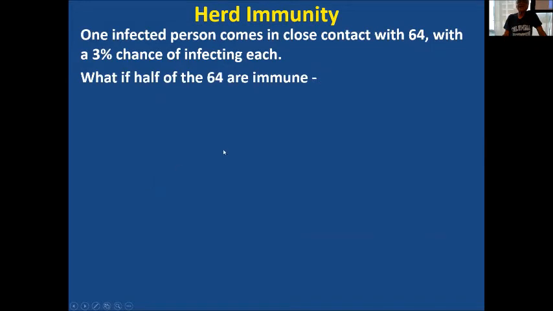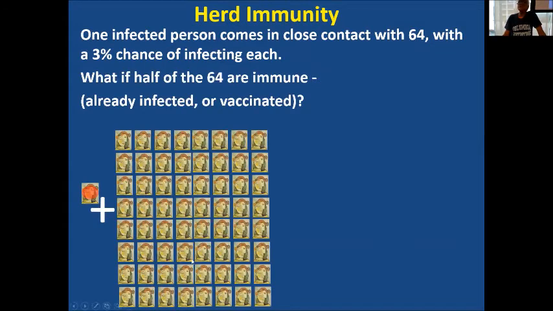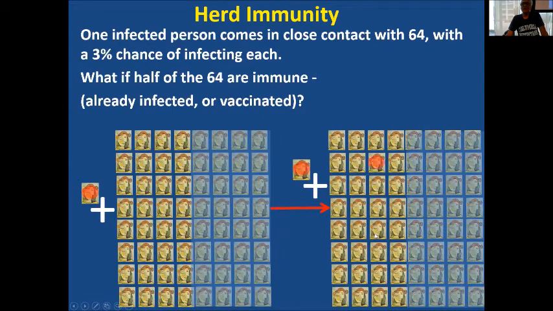Suppose half of the 64 are immune, either they're already infected or they're vaccinated. Now, this person sees 64 people, but these 32, they can't infect. So now this 3% applies only to half of the 64. So they end up infecting 1 person.